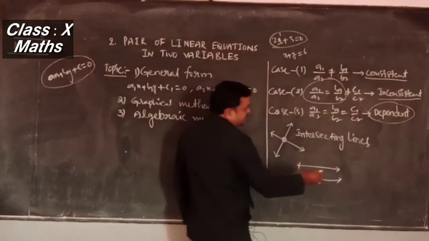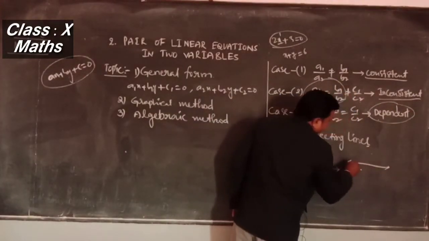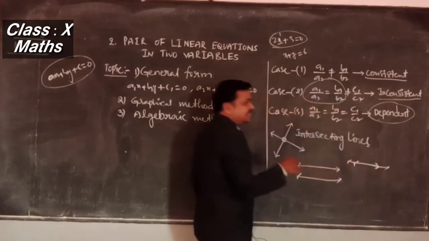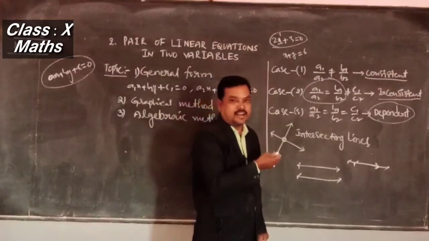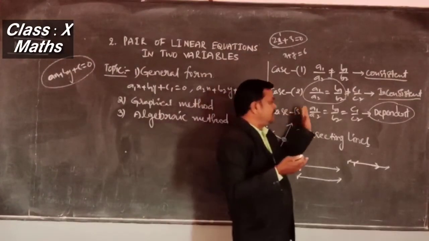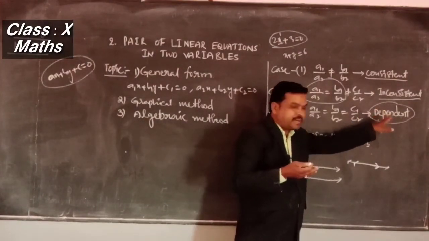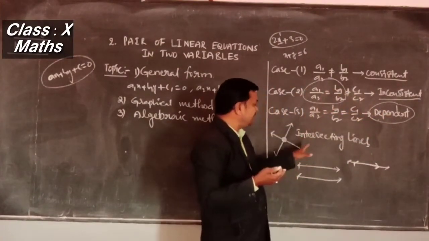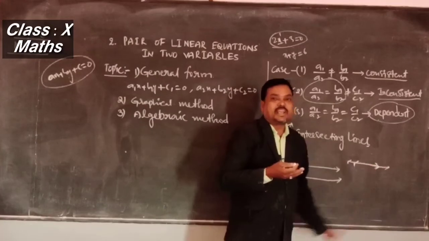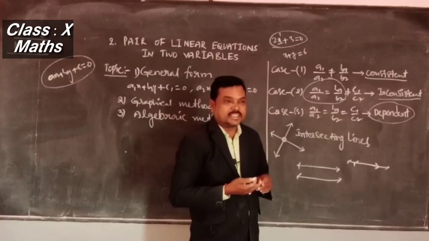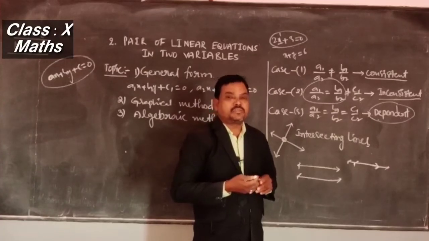The graphical representation is coincident lines, which means one line lies on the other line. The algebraic representation is that they have many solutions.